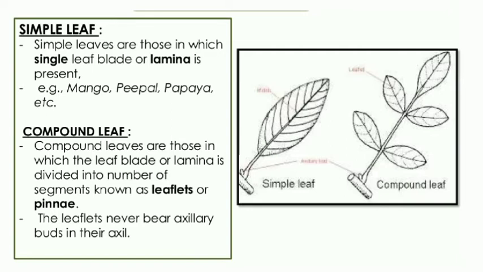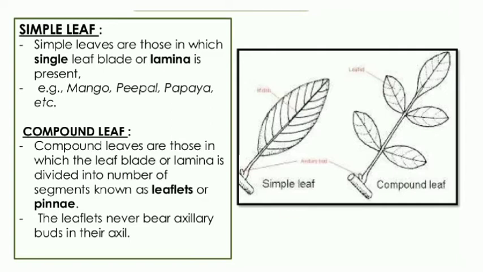In a compound leaf, the leaf blade or lamina is divided into a number of segments known as leaflets. Means the lamina is dissected into small segments, small leaves, which are known as leaflets or pinnae. Here we can see the difference between simple and compound leaf.